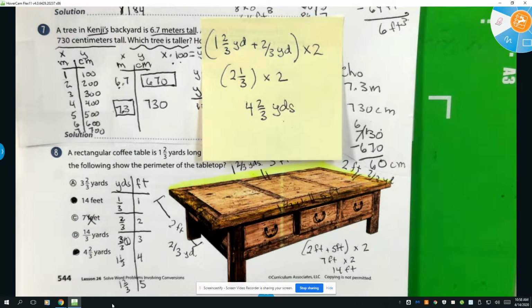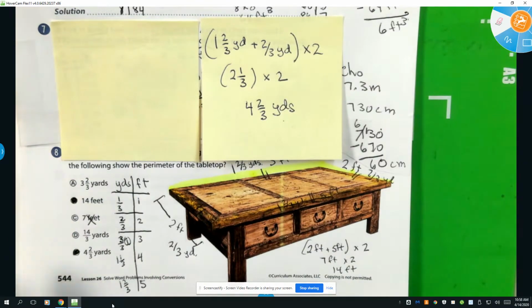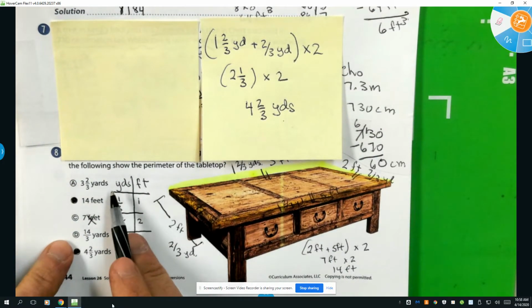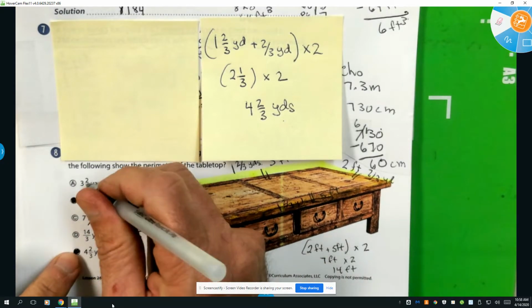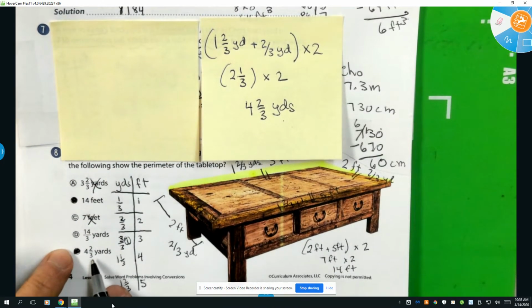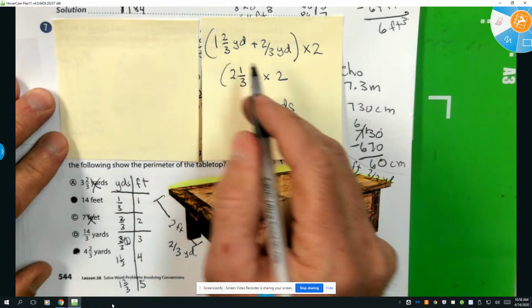Now we can also do it where we take our mixed number and turn it into an improper fraction, and see if we get one of these. Obviously, if we have 4 2/3 yards, it's probably not going to be 3 2/3 yards, but we do have to check on the 14/3 yards. So I'm going to do the same thing.